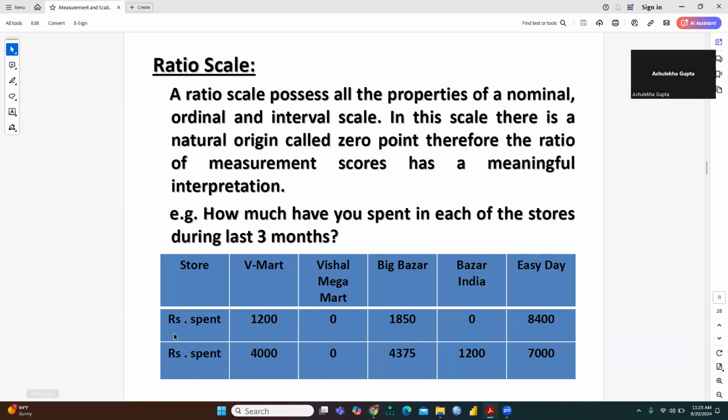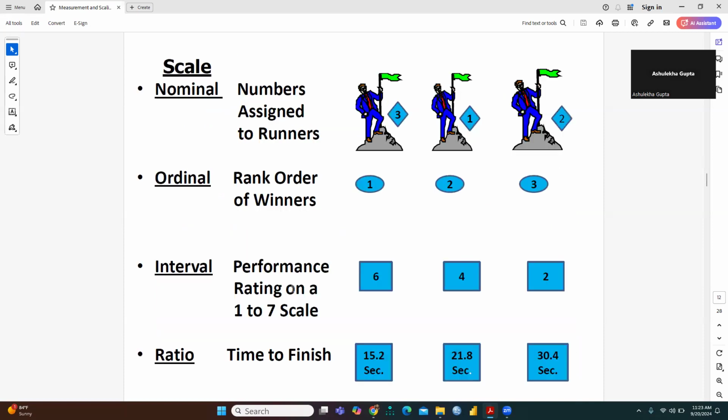So when we look at this table, we can say 7,000 rupees spent is the highest amount in this table, spent on EasyDay. Right. Second highest 4,375 was spent on Big Bazaar. Right. So in that way, ratio scale is working on the absolute zero.